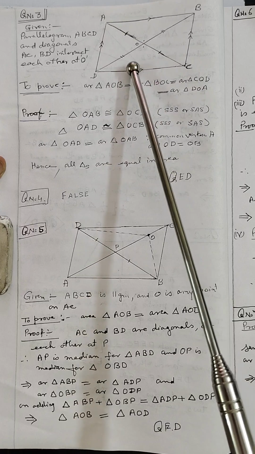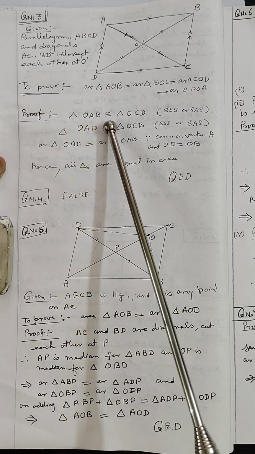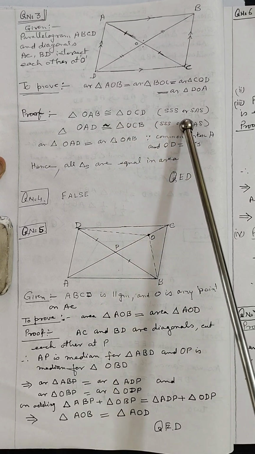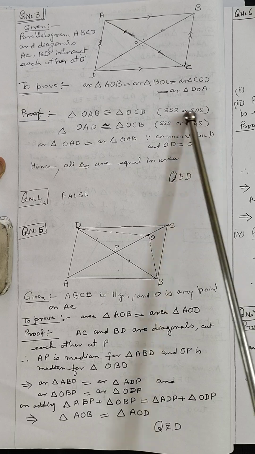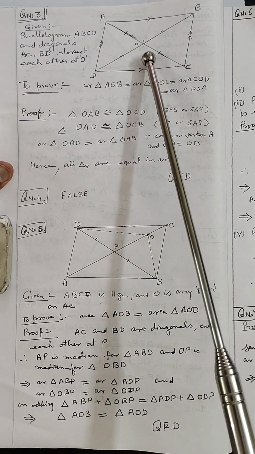Just applying these criteria we can prove that triangle OAB is congruent to triangle OCD. These 2 criteria are applicable in order to prove the congruency.